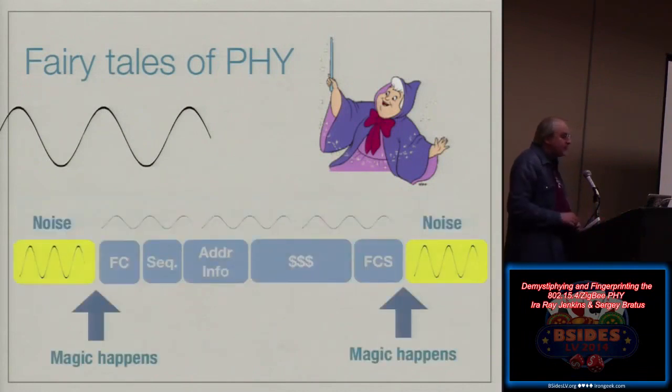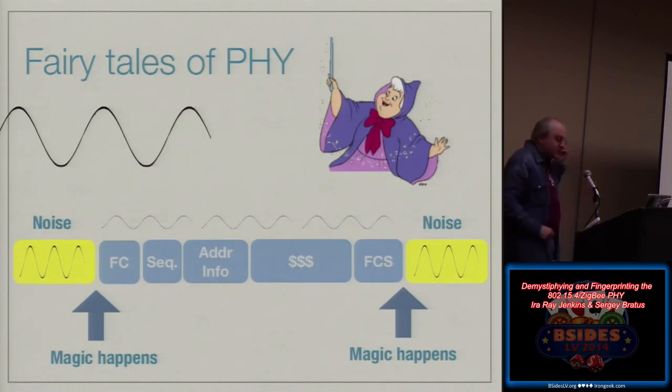In fact, what you get is noise. I mean, most of the time what you get is noise. And then magic happens, and suddenly this noise becomes the frame. And then magic has to happen again for the frame to end and for noise to begin. And how does your hardware know?